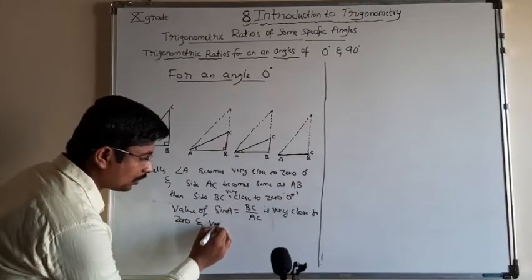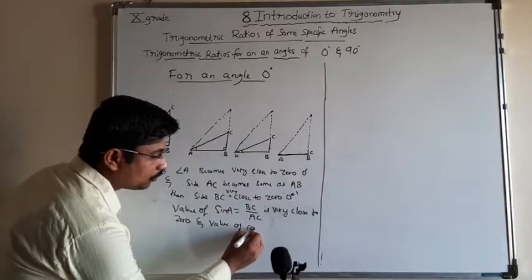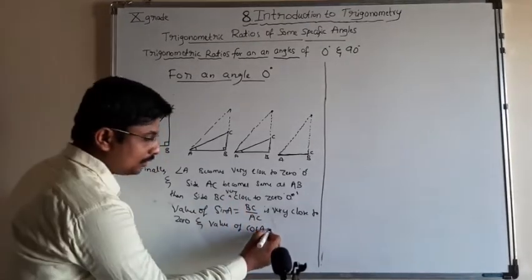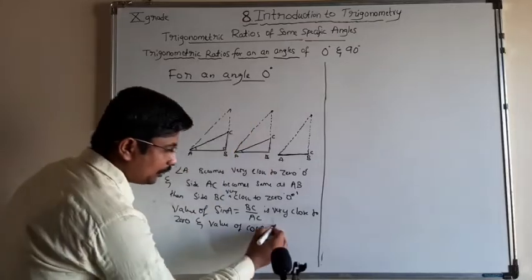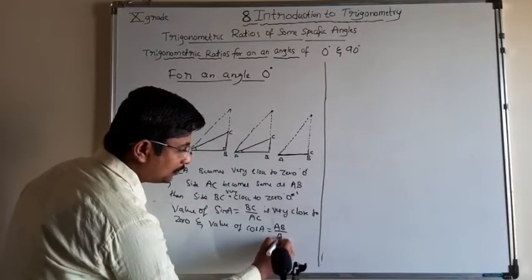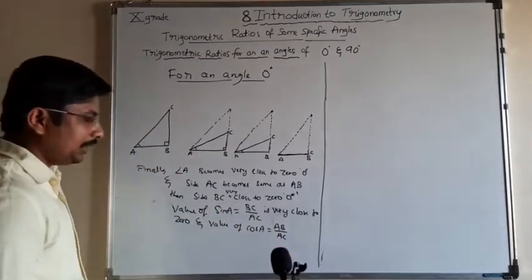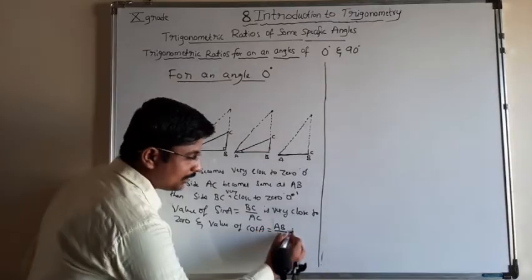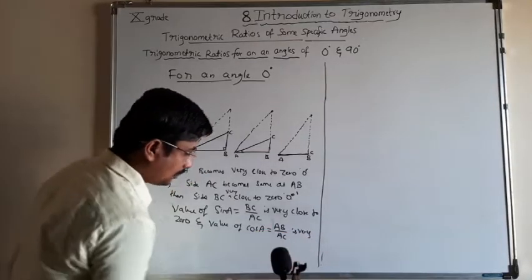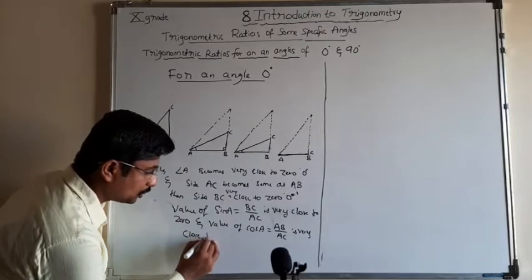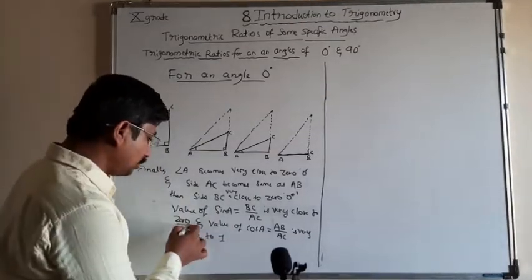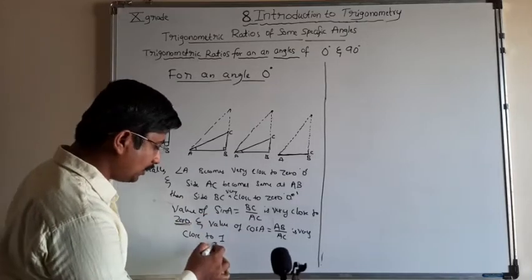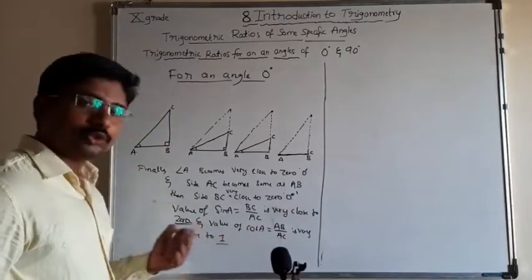And the value of cos A is equal to adjacent side divided by hypotenuse, that is AB divided by AC, which is very close to 1. How did we get sin A very close to 0 and cos A very close to 1?